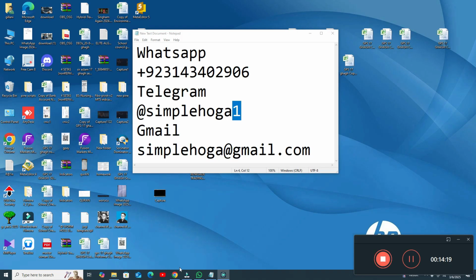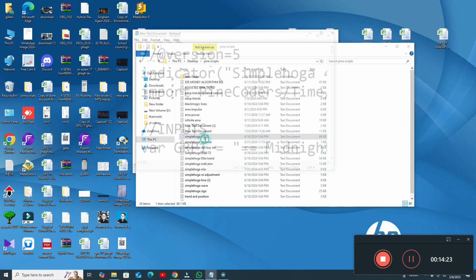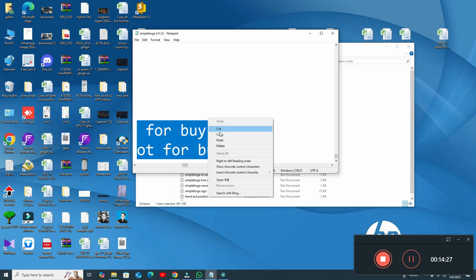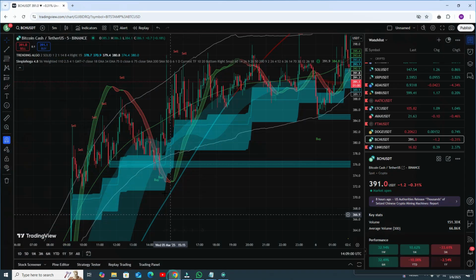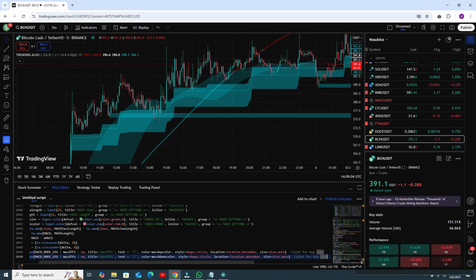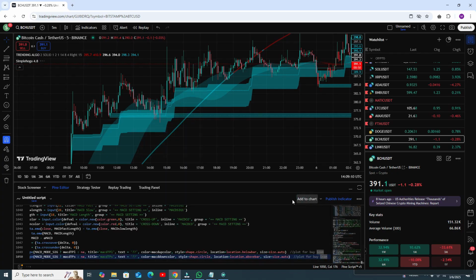Okay, now the last question, how you can add the indicator. First you need to add this indicator. Control A, copy the code, then go to the Pine editor. Remove all the code from here and then paste my code, then click on add to chart. Okay, the second indicator you need to add is Trending Algo.